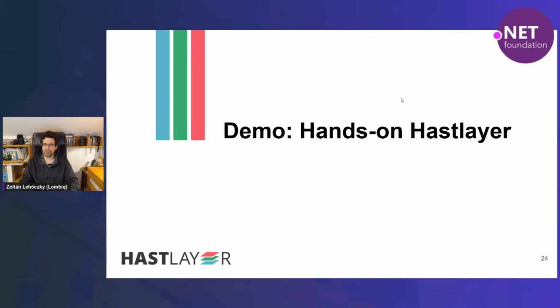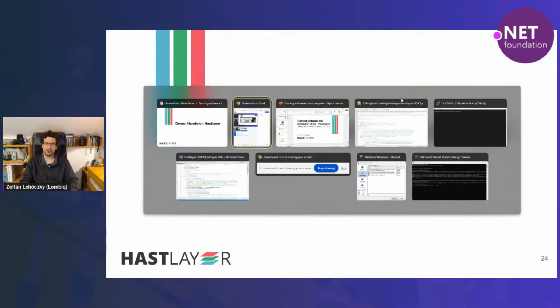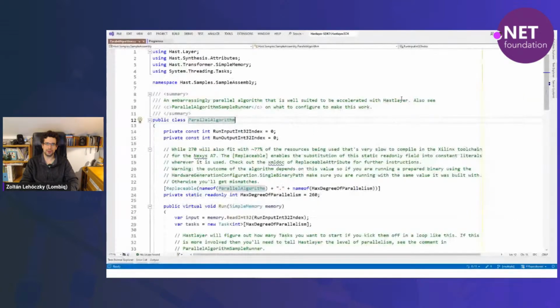Well, a lot of talk until now, so let me show you some hands-on demo. And I will now switch over to Visual Studio. What I'm showing you here comes from the Hastlayer SDK, which is up on GitHub. So if you would like to check out the code in detail, including all the other samples, I will show you a link to that at the end of the talk.